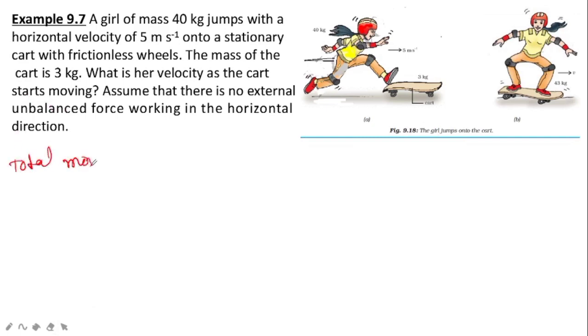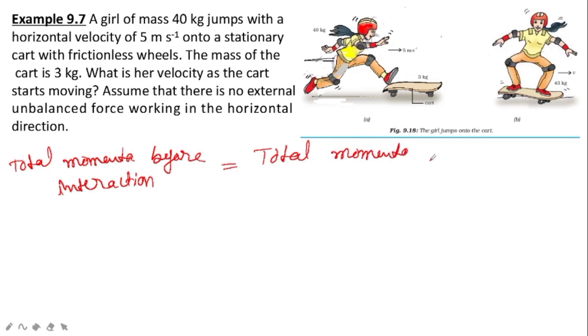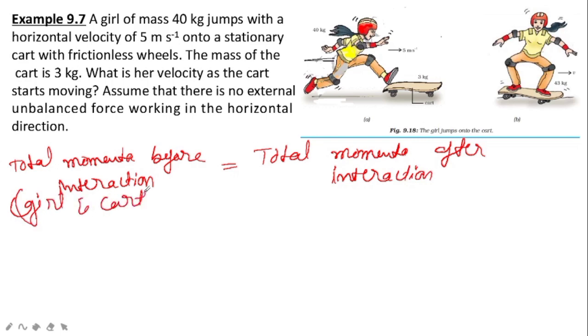Total momenta before interaction is equal to total momenta after interaction. Who? That is girl and cart, right? Here also it is for girl and cart. I wrote it in the short form.